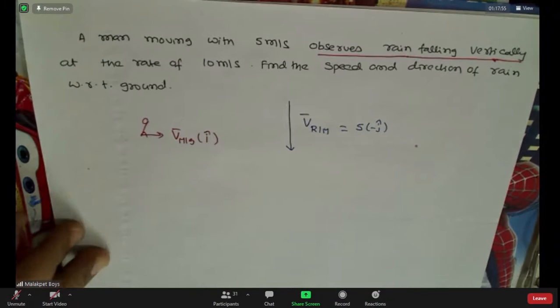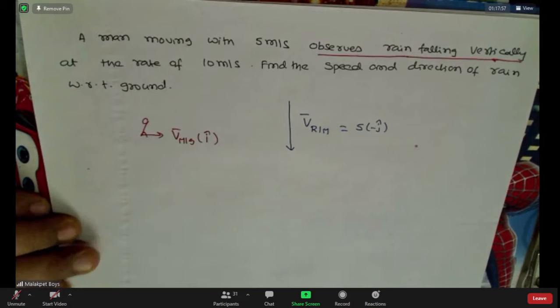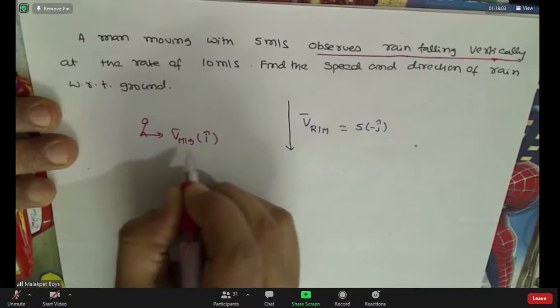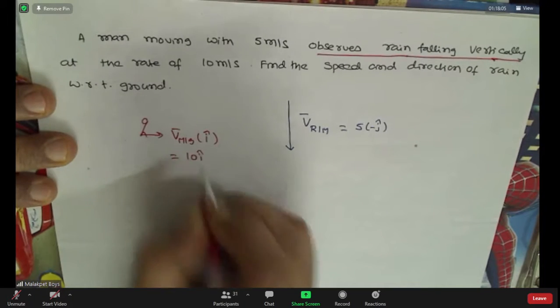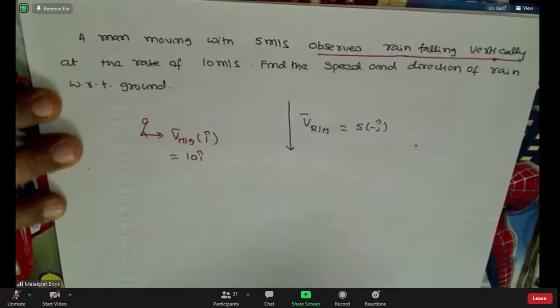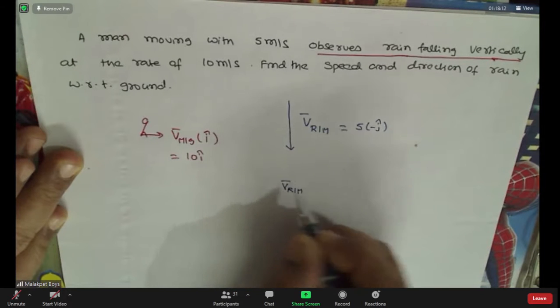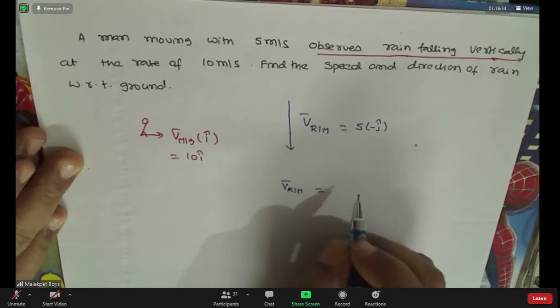Velocity of rain with respect to man is 10 minus j. Not that, first write the vector.